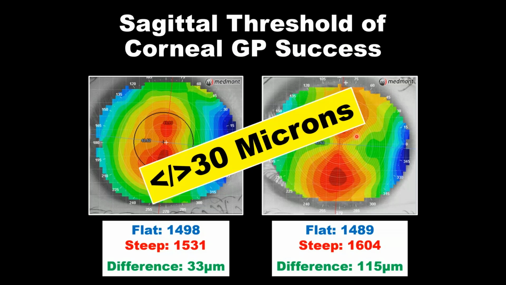So some of the considerations that we've discussed that you might consider is when you have greater than 30 microns of elevation difference between the flat and the steep meridian.